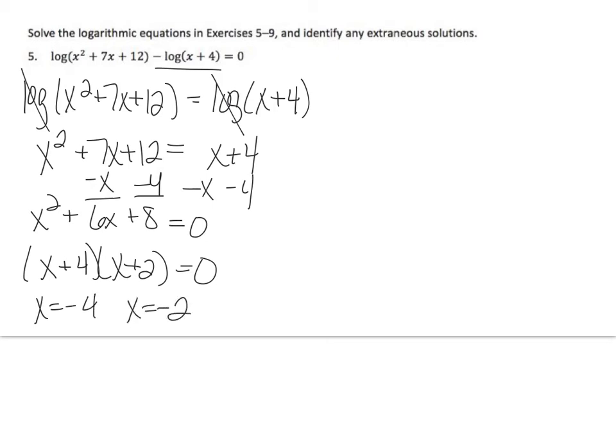And I'm going to have to check both of these to make sure they don't give me any negative logs. So I'm going to put in negative 4 first. Negative 4 squared plus 7 times negative 4 plus 12. I've got 16 minus 28 plus 12, which gives me 0.